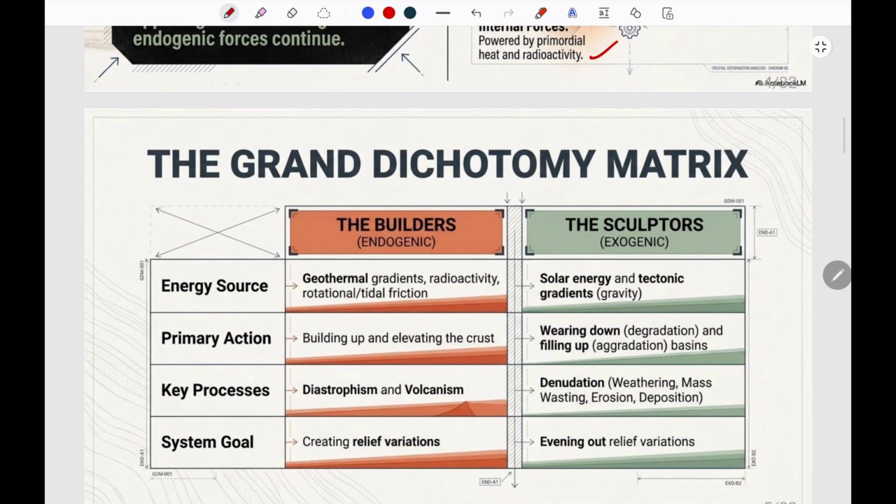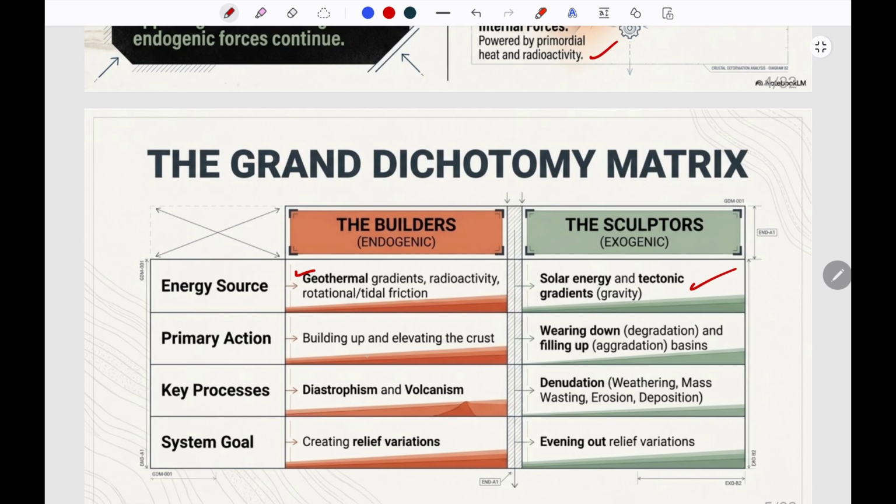And now let us look at the difference between these two. So the main difference is the source of energy, which is geothermal energy from radioactivity, rotational and tidal friction for endogenic forces. And for exogenic forces, it is solar energy and gradients, that is gravity.